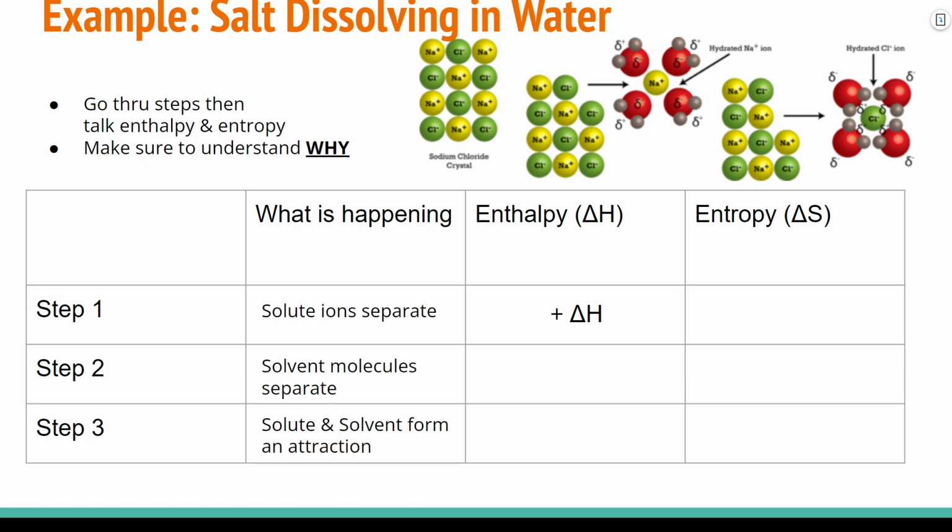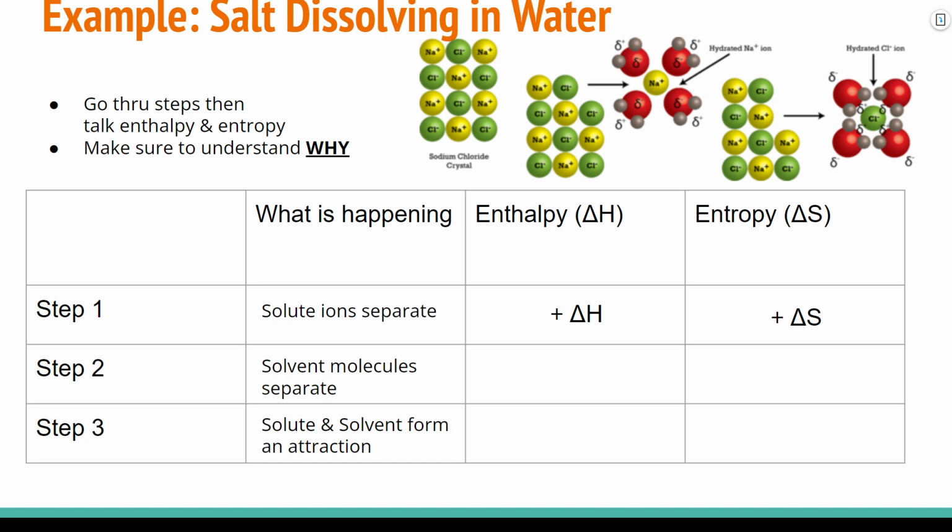Now, because we are breaking these bonds, it is getting more disordered. It is not as organized as it used to be, because remember, these are organized. And so when I input energy to break the bonds, now it's going to be dissolved, separating all willy-nilly wherever it's separating to. So that's why it's a positive delta S.